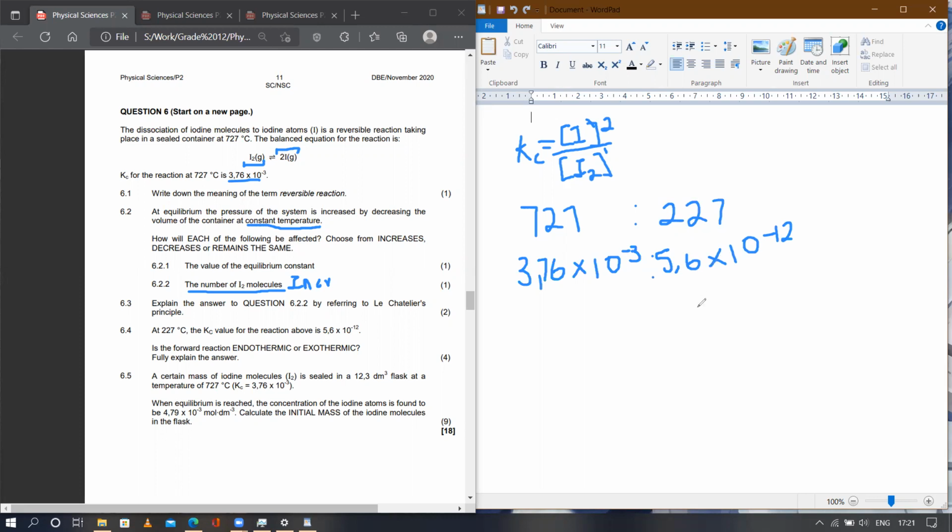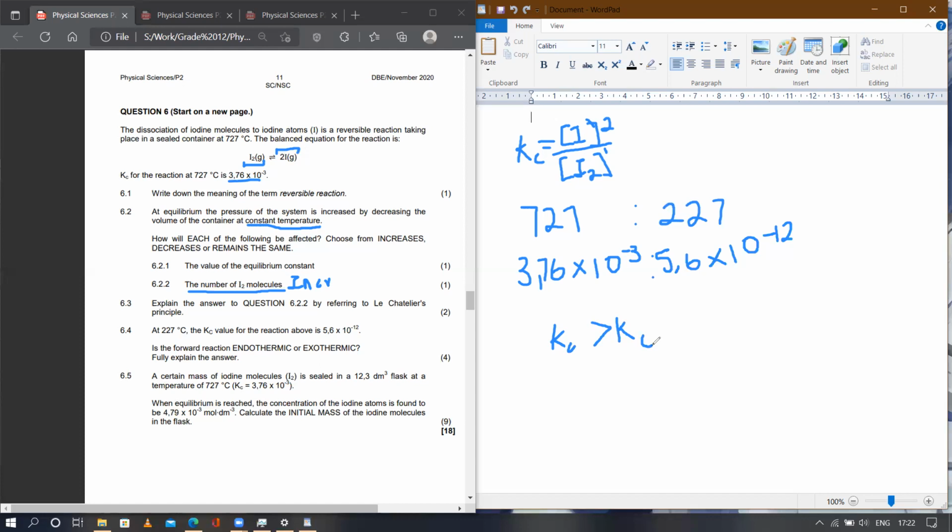So if you look at this, at higher temperature, the equilibrium constant is higher. So that means Kc at 727 degrees Celsius is greater than Kc at 227 degrees Celsius. So you can see that part, right?